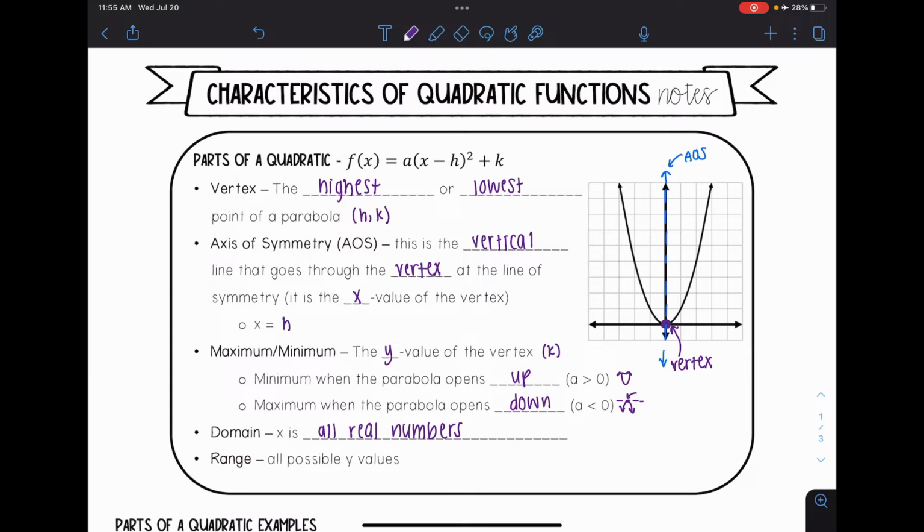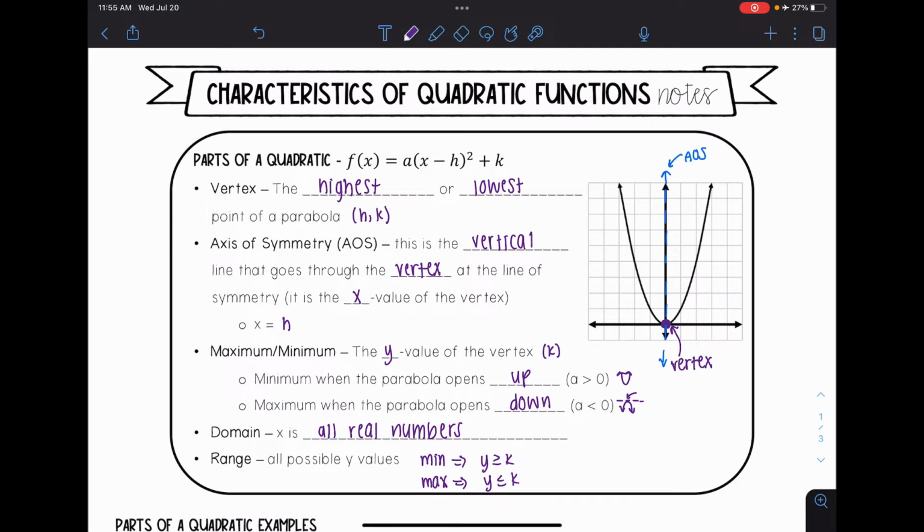So if I have a minimum, if the graph is opening up, that means my range is going to be y is greater than or equal to k. That's because the smallest value would be that k value. If I have a maximum, then it's going to be y is less than or equal to k.